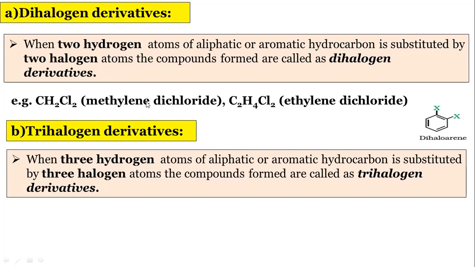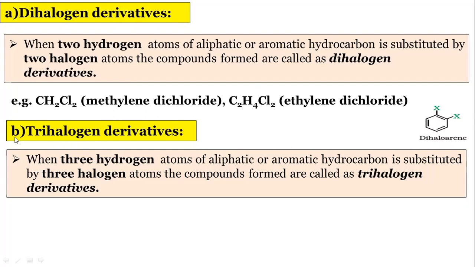So the name is methylene dichloride. And this is C2H6, ethane. In ethane, two hydrogens are replaced with two halogens. The name is ethylene dichloride. And in case of arenes, see here, one hydrogen is replaced with X and another hydrogen is replaced with X. So this is an example of aromatic and these are examples of aliphatic hydrocarbons.